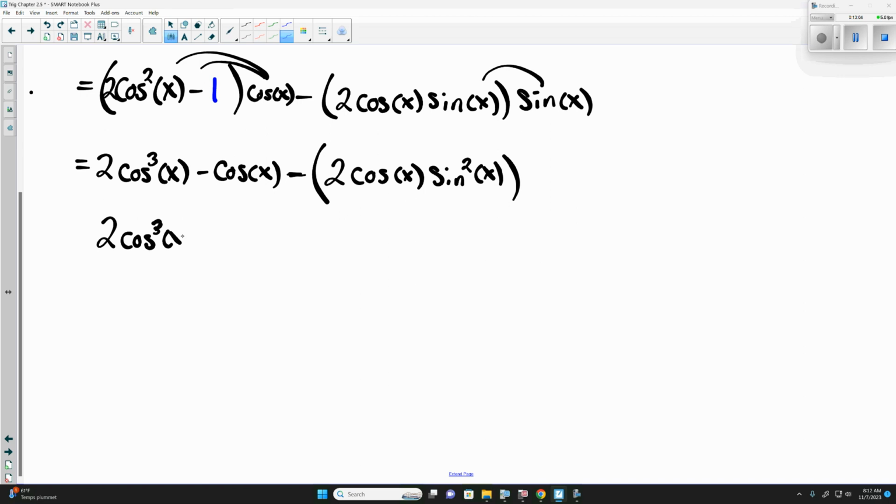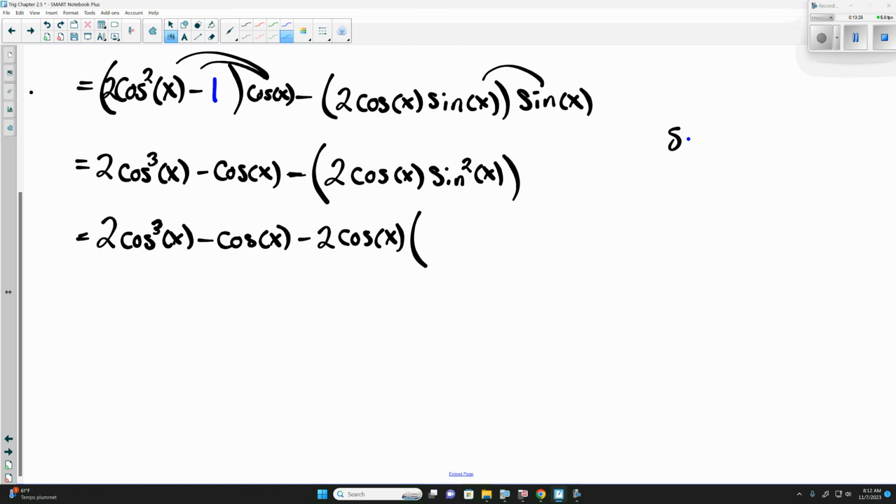Cosine cubed of x minus cosine of x minus 2 cosine of x times sine squared of x. So we can drop the parentheses, but as I said earlier, we're going to try to rewrite this completely in terms of cosine. So we need to switch out the sine squared.